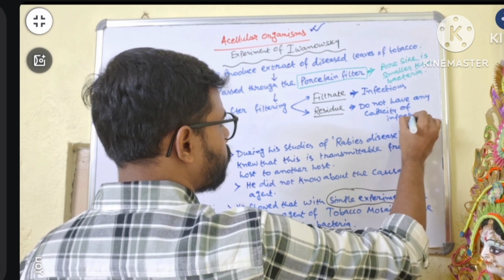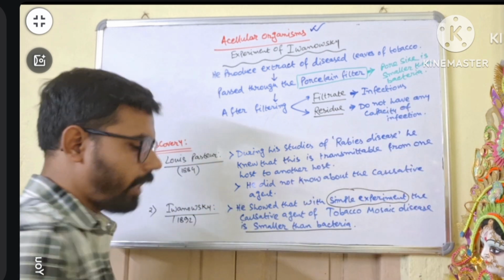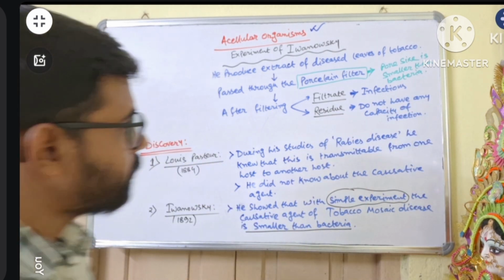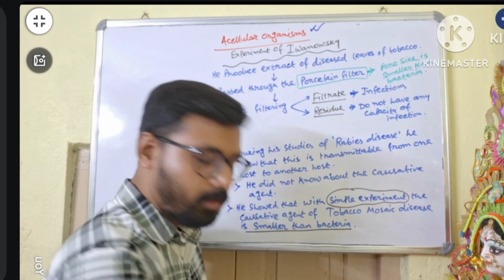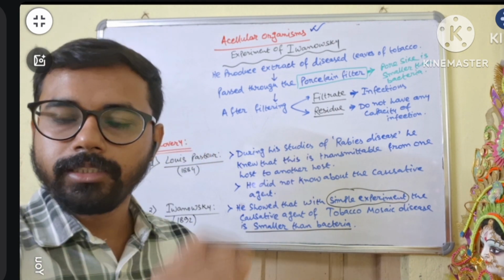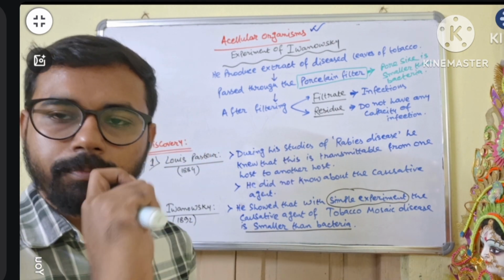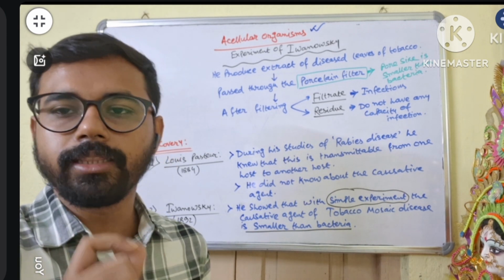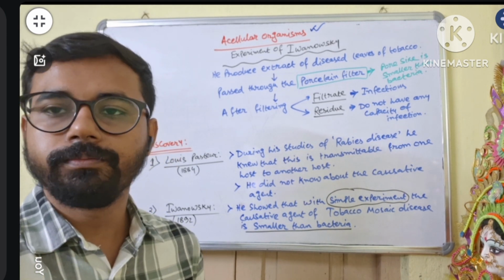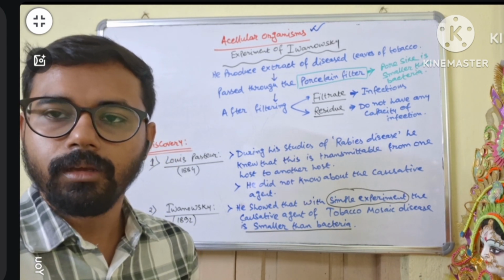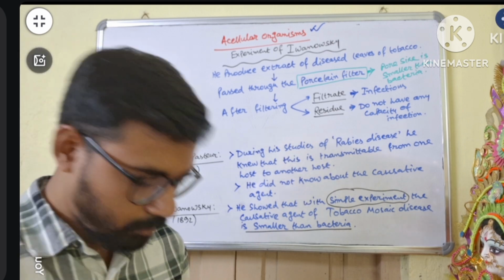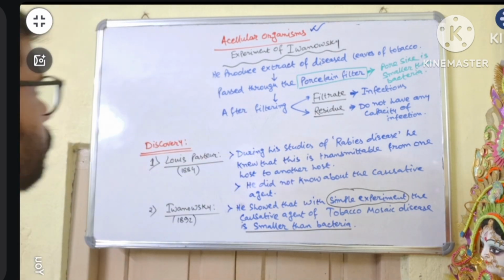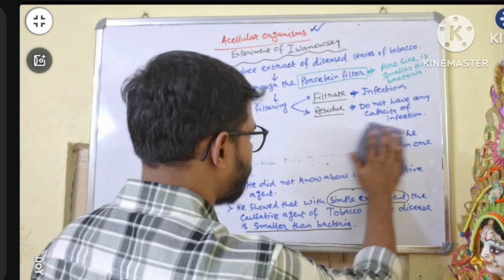So what do we conclude after the experiment? Can we conclude the filtered portion contains the causative agent? And if the causative agent remains in the filtrate, that means it should be smaller than bacteria. Yes or no? So what will be the conclusion after this simple experiment of Ivanovsky?